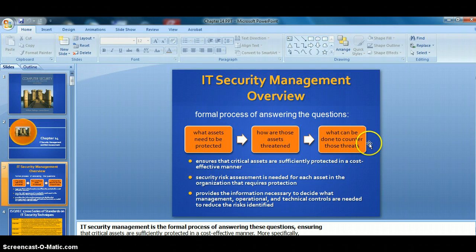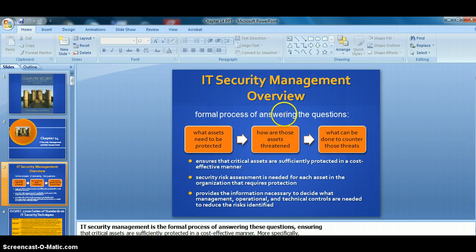Then security management comes to answer these questions. What assets need to be protected? How are these assets threatened? What can be done to counter these threats? Let's go here.